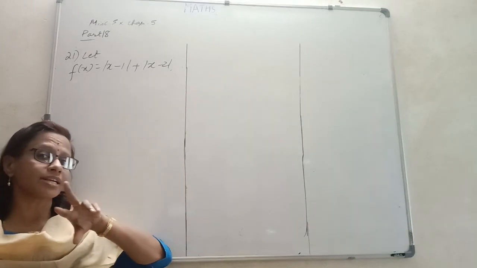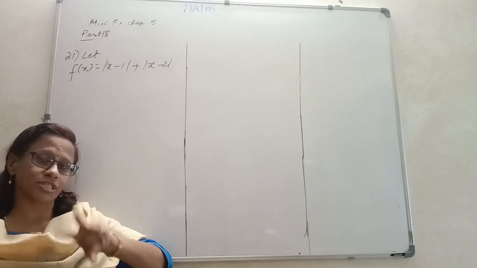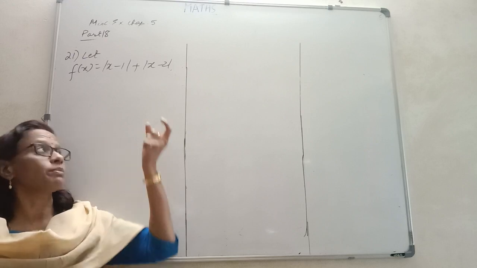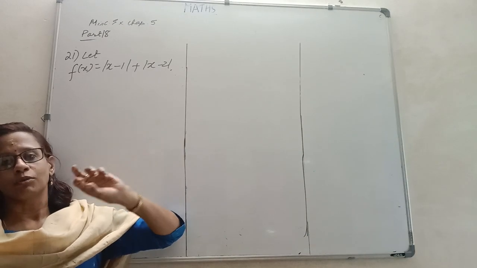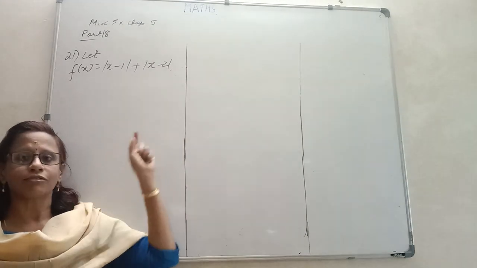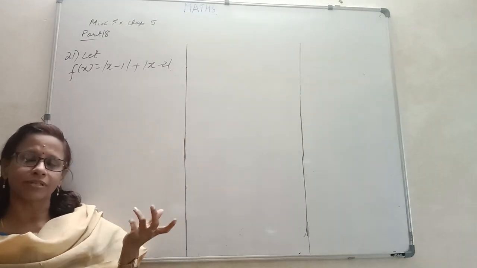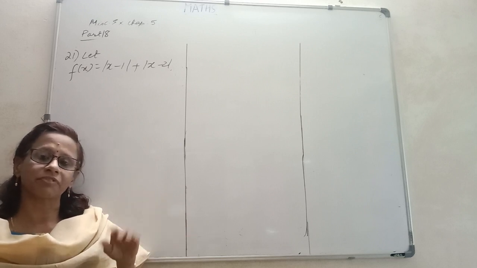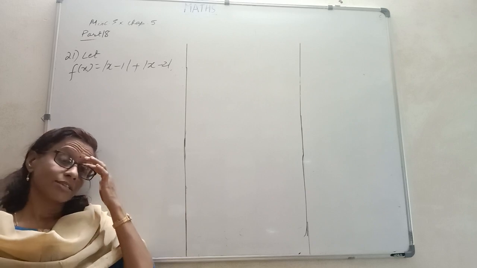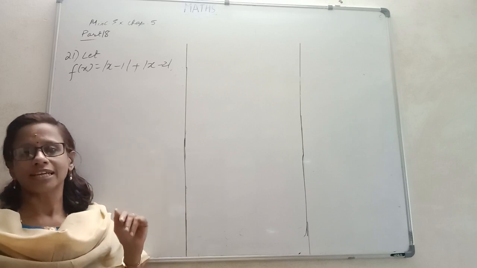Why? Because it should not be differentiable at 2 points, so to suit that requirement we take the sum of two modulus functions. 1 and 2 can be replaced by any real numbers, like 0 and 1, or 5 and 6, anything.